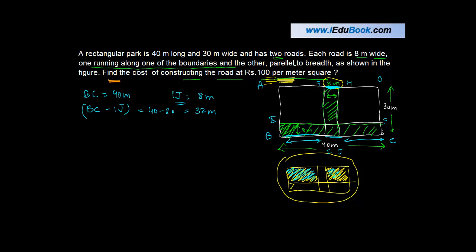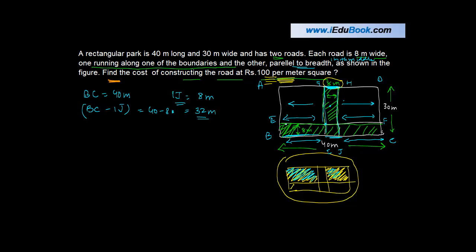Let's say this is parallel to its breadth in the middle. Okay, so let's say this is also in the middle. So we know that this line plus this line is equal to 32 meters, right? Because this is running from the middle point, which means that both these lengths are going to be equal.